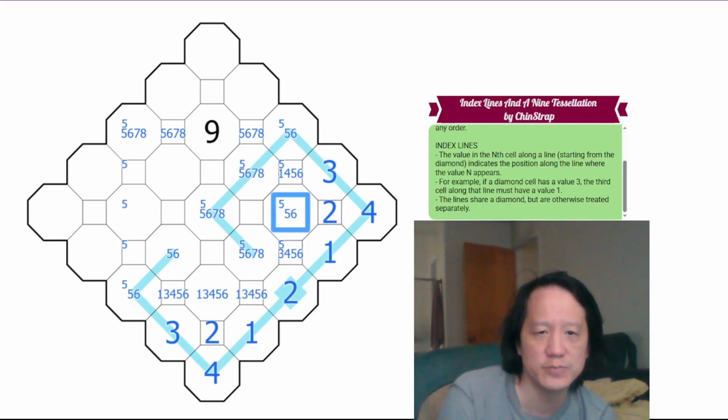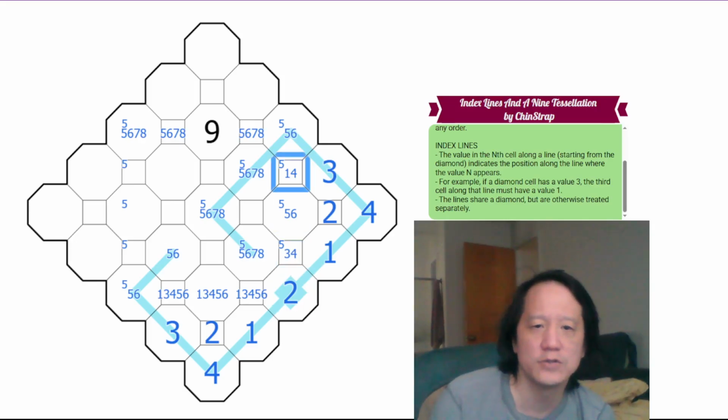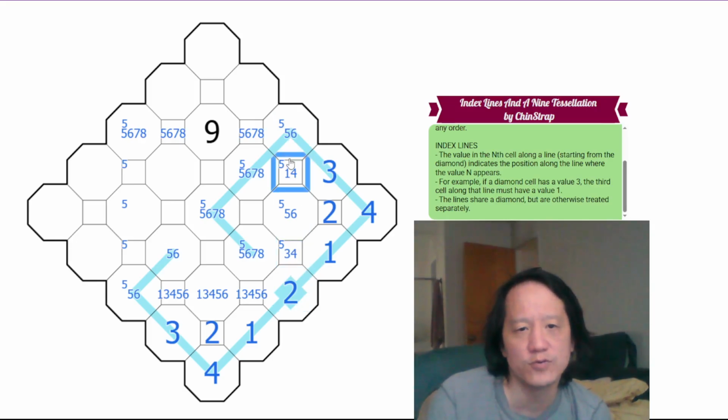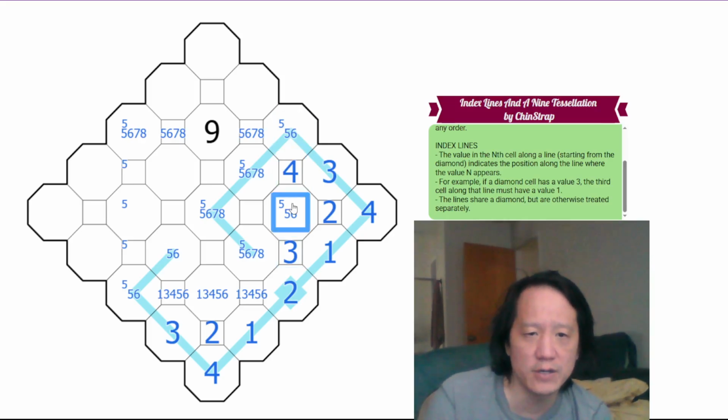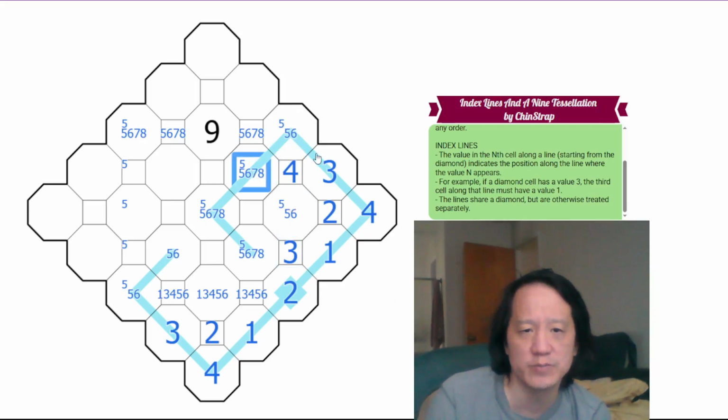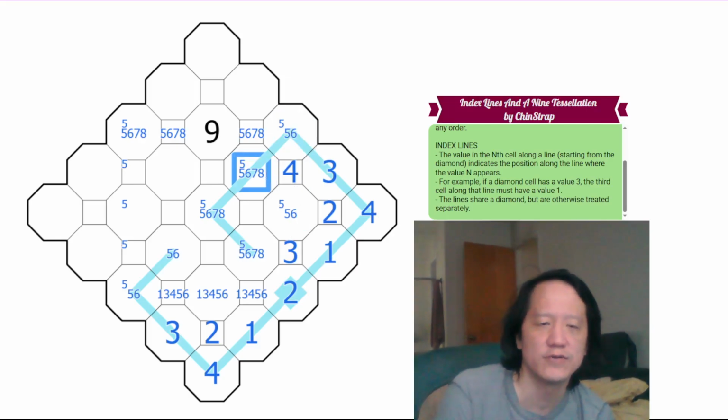We have a 5, 6 pair in column 7. That eliminates 5, 6 in the rest of the column. So this has to be then 2, 3, 4, 5, 6. So this is 4. This is 3. This 5, 6 pair eliminates 5 and 6 here as a possibility because these are different 5 and 6s. So this must be 7 or 8.